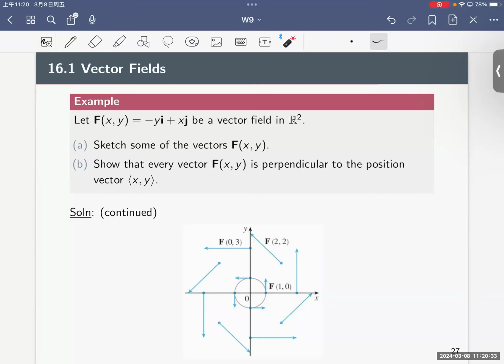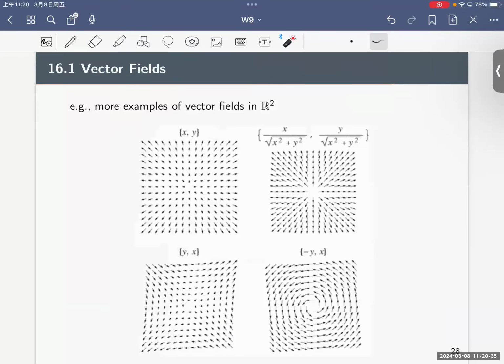Okay, so this is a 2D vector field. Let's look at some more examples of 2D vector fields. If the vector field is given by this function x, y, the vector field will look like this. If the vector field is given by this function, x over square root of x squared plus y squared, y over square root of x squared plus y squared, the vector field will look like this.